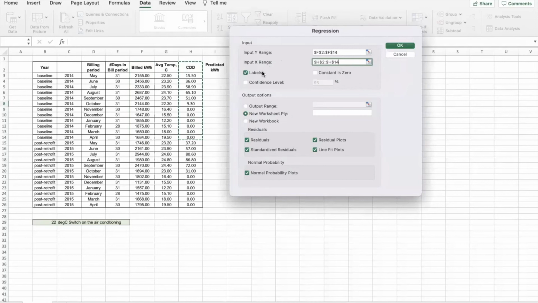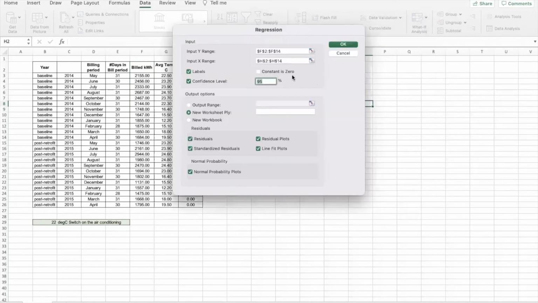And there are some checkboxes. Normally, I will click them all, except Constant is Zero. What Constant is Zero means is the line on the graph will touch the 0,0 origin. But that may not apply in our cases because the y-intercept may not be 0. So I will leave it unchecked.